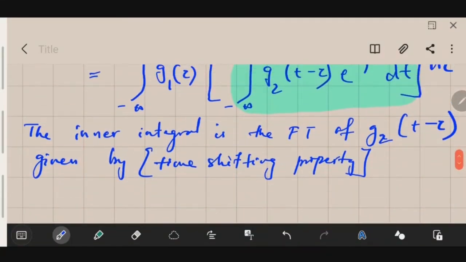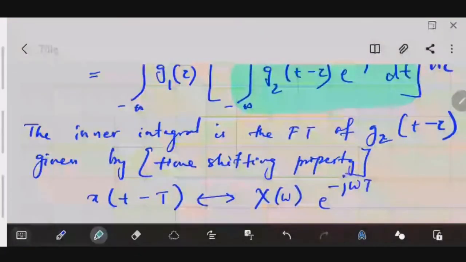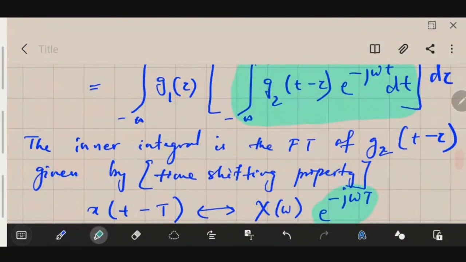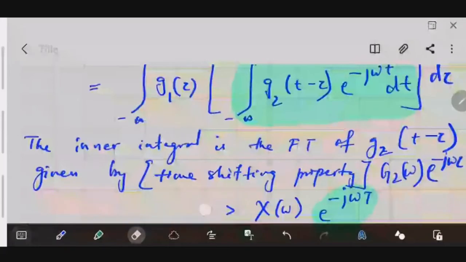It was like this: x of t minus capital T after Fourier transform will be X of omega e to the power minus j omega T. So this e to the power minus j omega T was being multiplied. But here, in place of x it is g2, and in place of capital T it is tau. So what we will get here is g2 of omega e to the power minus j omega tau. Got it? Let me erase this property from here.